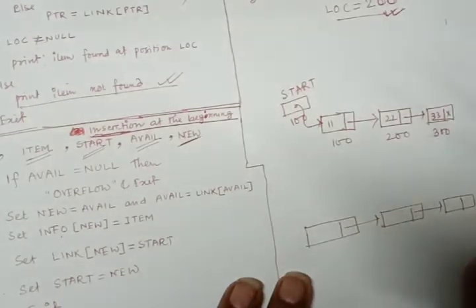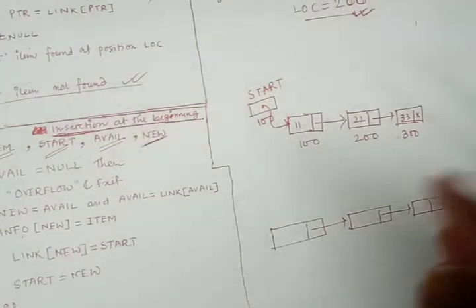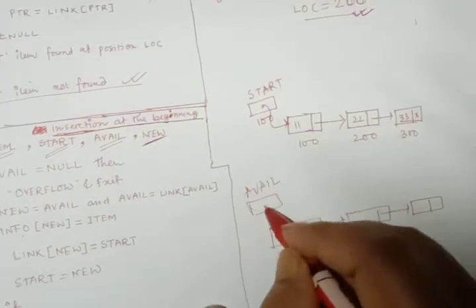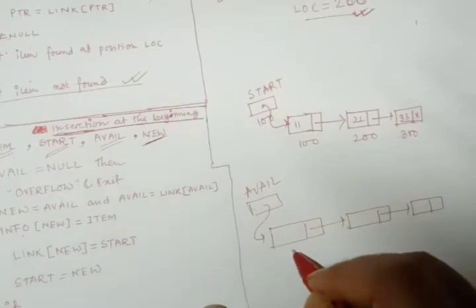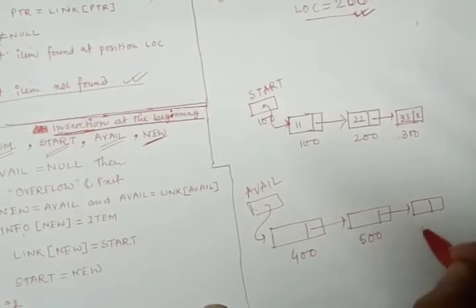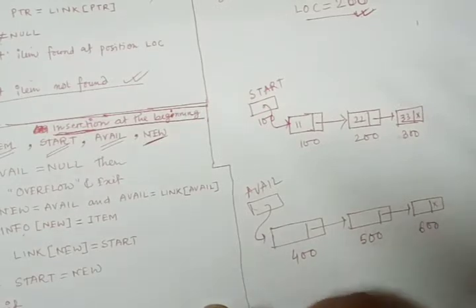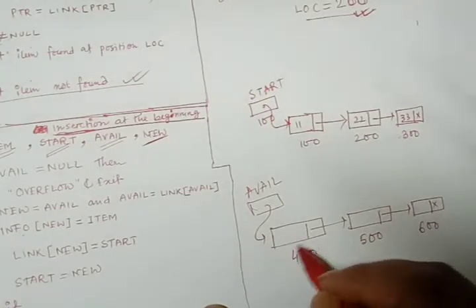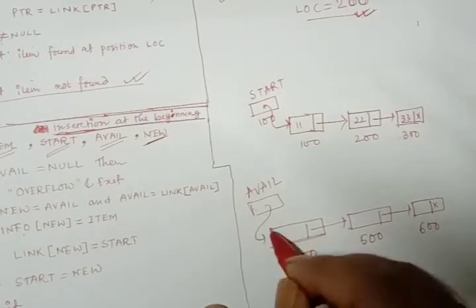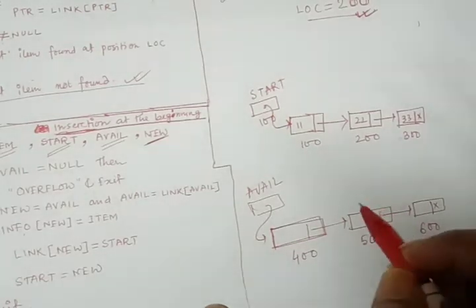Suppose this is the available list in the memory. Suppose the addresses are say 400, 500, 600. Okay, and there is no information in each node of the available list.